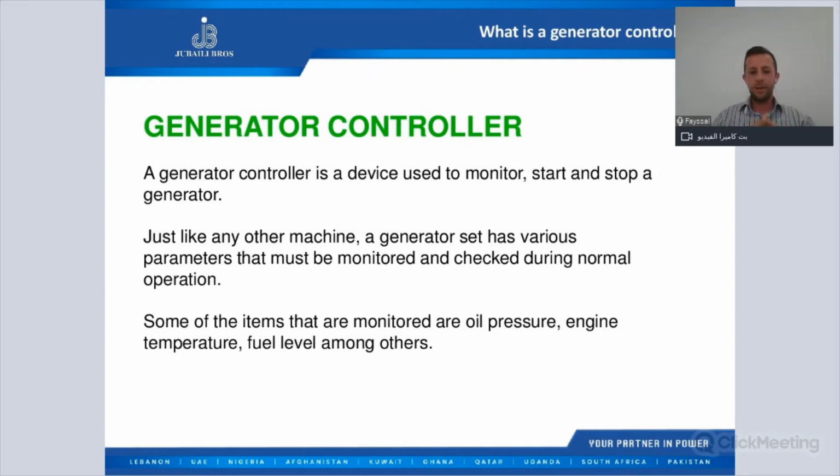So some of the items that are monitored through a genset controller are oil pressure, engine temperature, fuel level, and coolant level, for example, and several others.